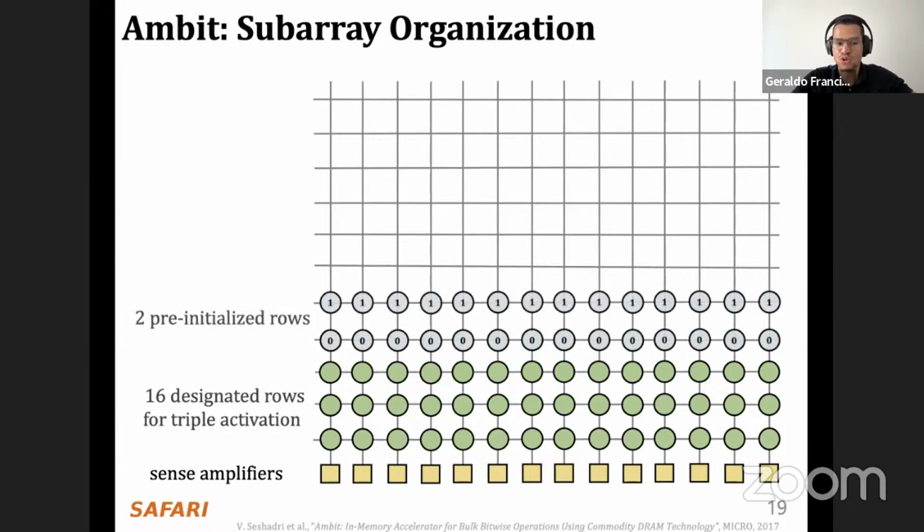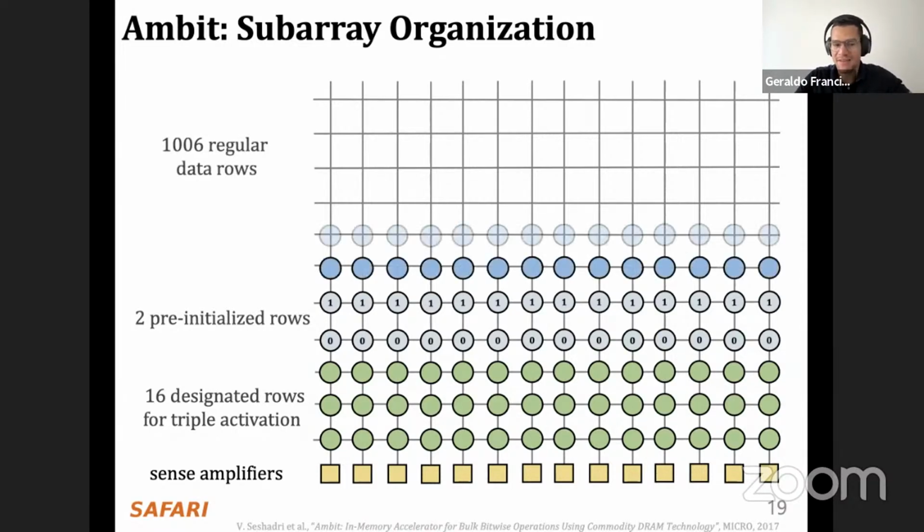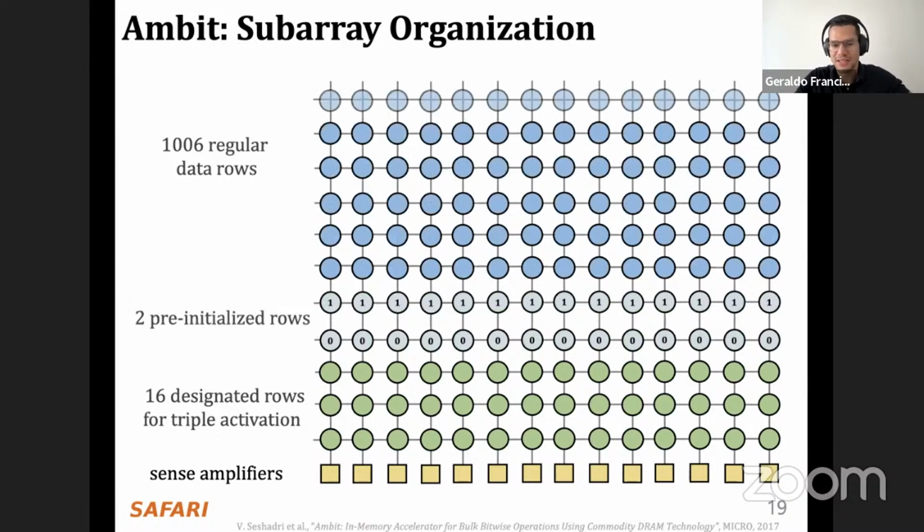Then we have 2 rows of pre-initialized values, 1 row of ones and 1 row of zeros, and these rows are used to control the AND or OR operations depending on the operation required by the user. And then we have the regular DRAM rows that are used to store programs or user data.